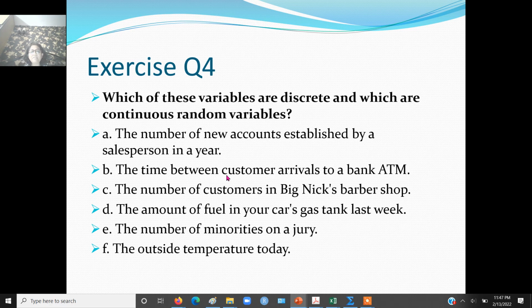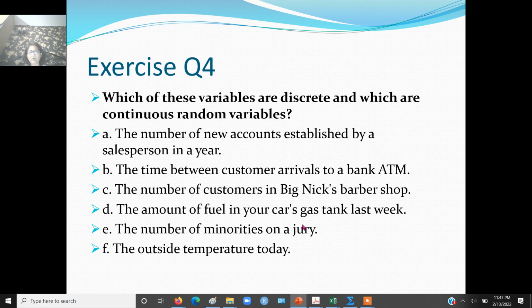So the time can be anything. In fact, the time is continuously changing, right? You can't count time, but you can measure it on a certain scale. For example, you can measure it on a scale of minutes and seconds, right? So in part B, it's a continuous random variable.